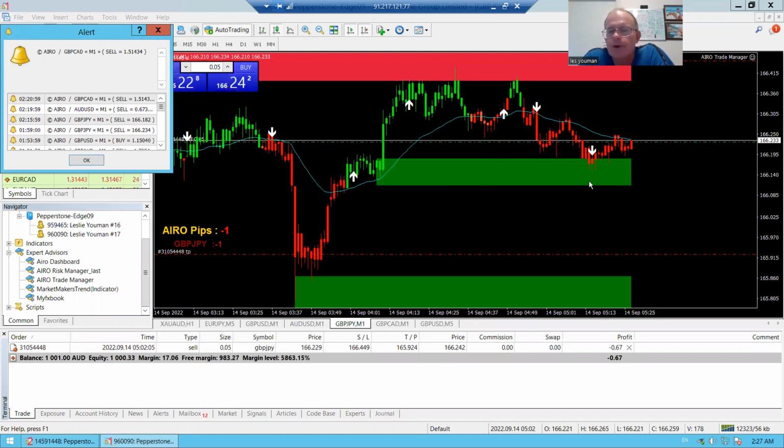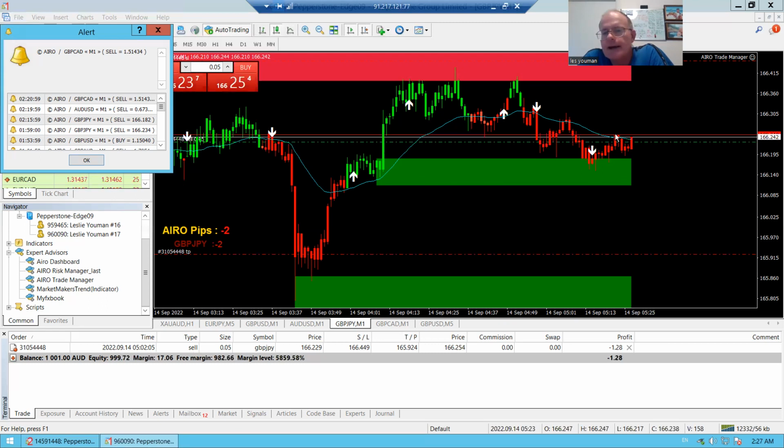I wouldn't call it strong support by any means. This is more of an accumulation zone than actual support. And this is just on its way down, so I'm not too worried. I don't think this is very strong support, but I would keep a closer eye on this now. If it goes up higher than this mark here, I don't want to panic and move my stop loss or close it out, but I would keep an eye on it.